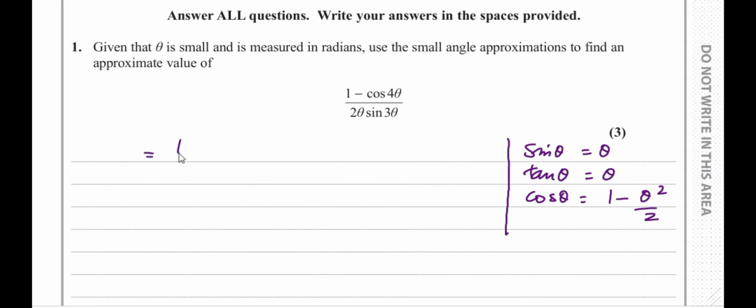So this is equal to 1 minus, there is a minus sign here, so it will be better to open a bracket because that minus sign will play havoc. So 1 minus, instead of theta square, I'm going to write 4 theta square over 2, over 2 theta times sine 3 theta will become 3 theta.